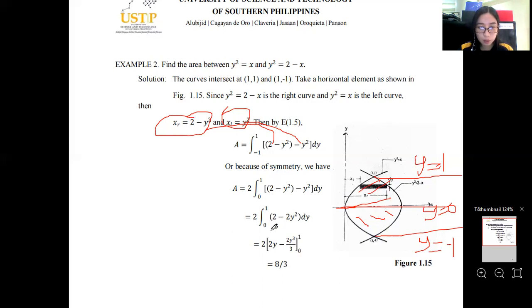So therefore, using the power rule and then simplifying, the answer is 8 thirds, 8 thirds square units.